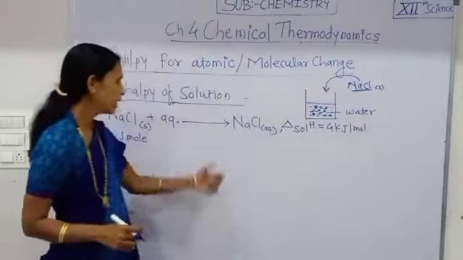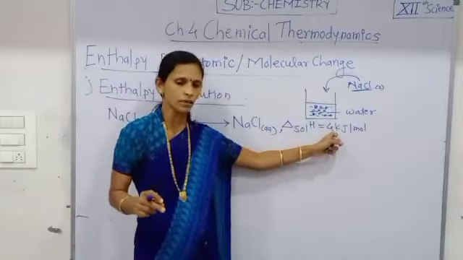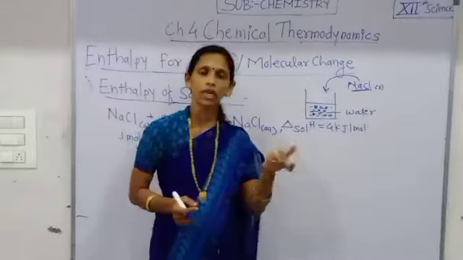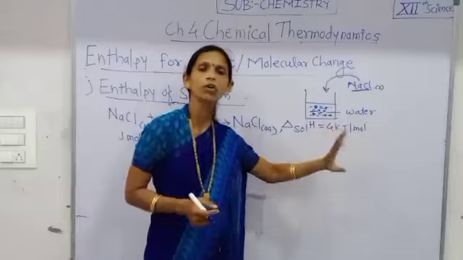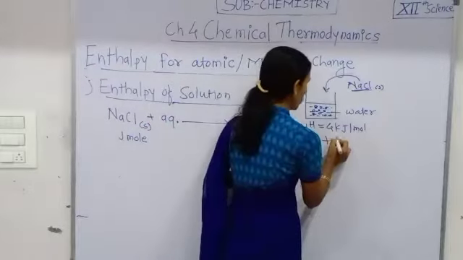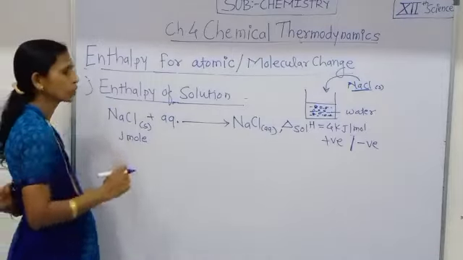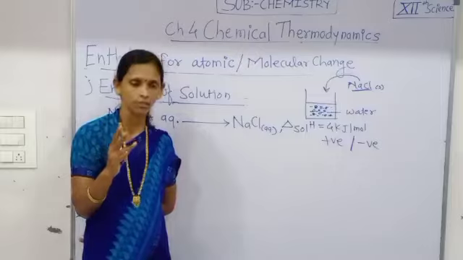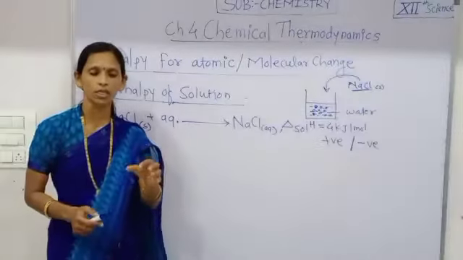See here, the enthalpy of solution is positive, but the enthalpy of solution of any substance may be positive or it may be negative. Then see here, the enthalpy of solution includes two steps in the dissolution of an ionic compound in water.